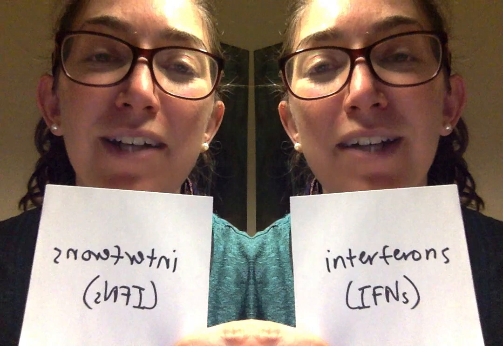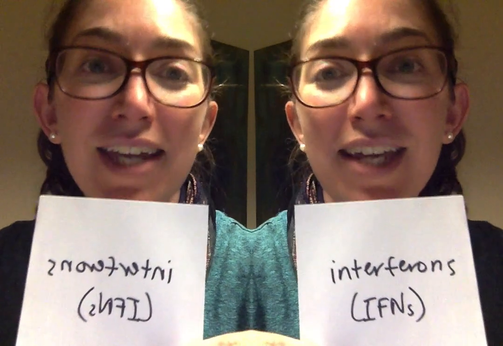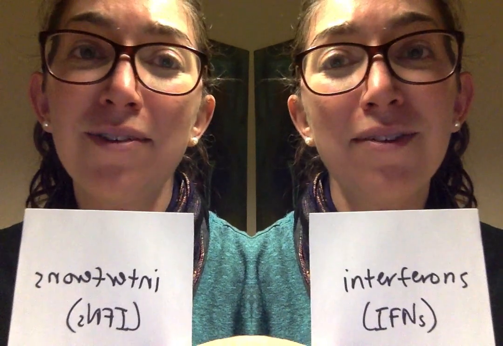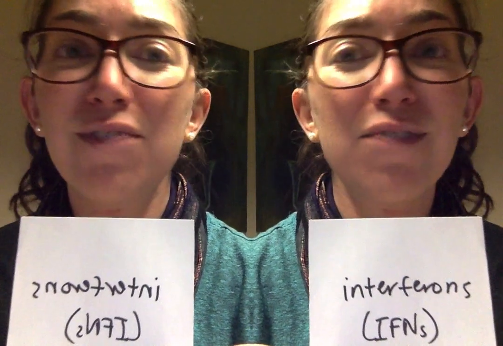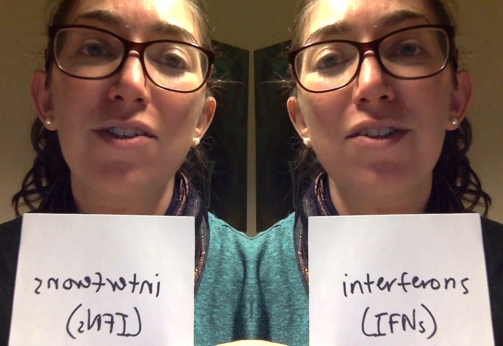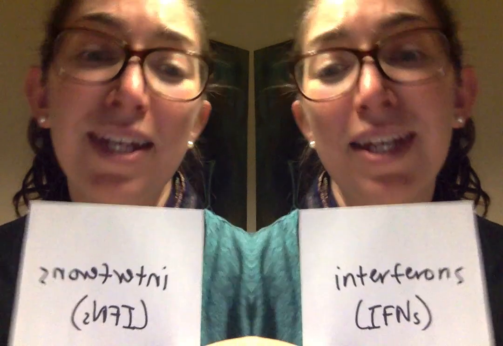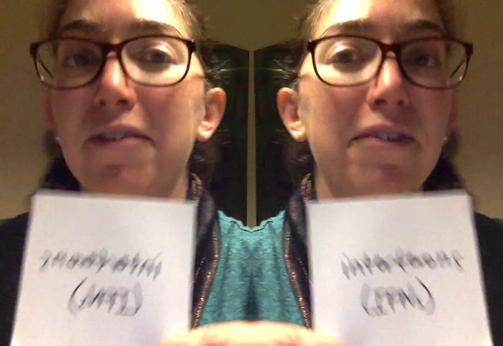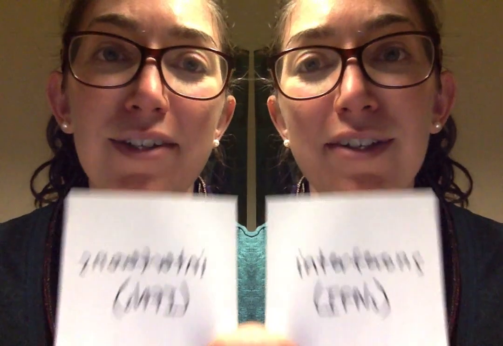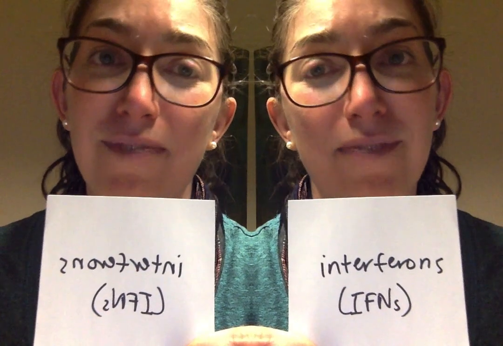When a cell gets infected by a virus, it can produce interferons that communicate to other nearby cells and say, there's a virus here, shut down, close the gates, don't let this virus in. It tells all the other cells to make antivirals or do things to prevent viruses from infecting them. It interferes with viral infection, hence the term interferons, made by virus-infected cells to alert other cells that there is virus around.